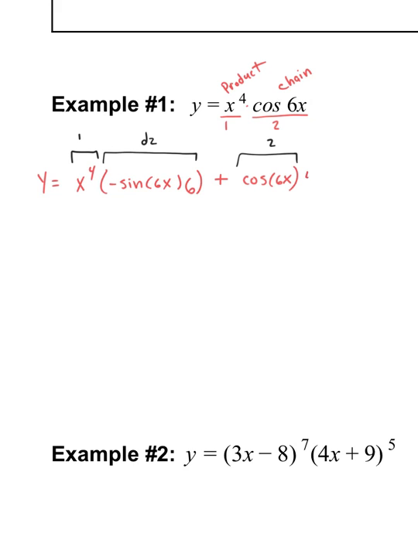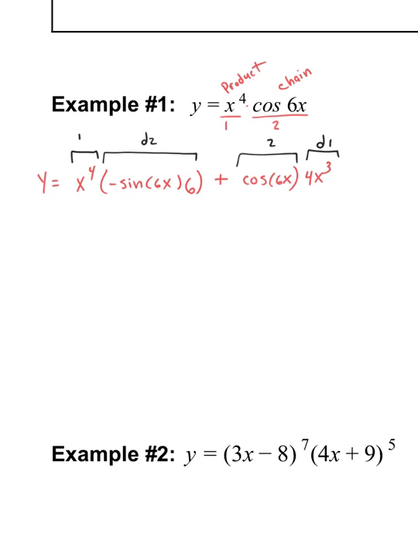So times 4x to the third, and that is d1. So here we have it, 1d2 plus 2d1. The first function as is times the derivative of the second plus the second function as is times the derivative of the first function. All right, now of course we get to simplify each term.